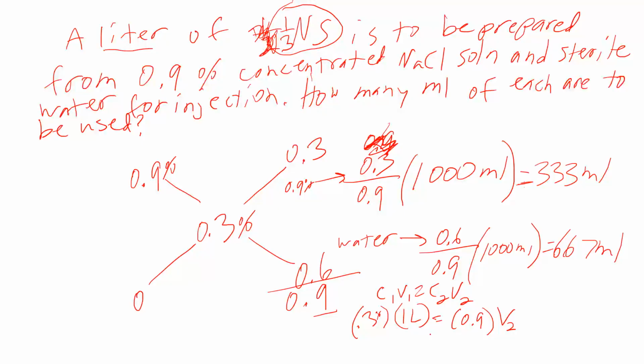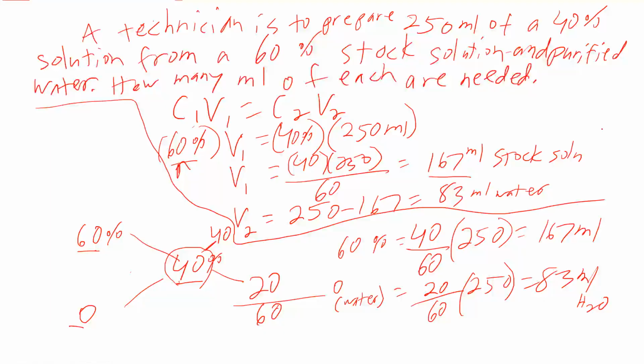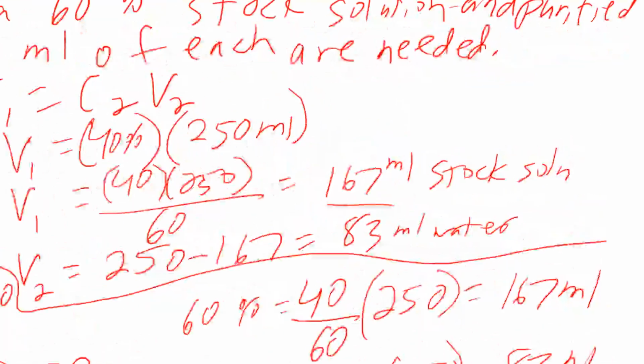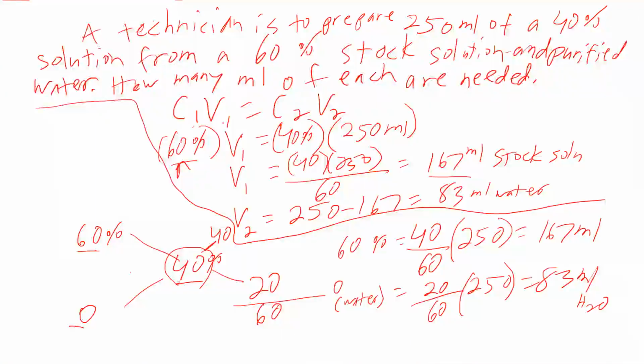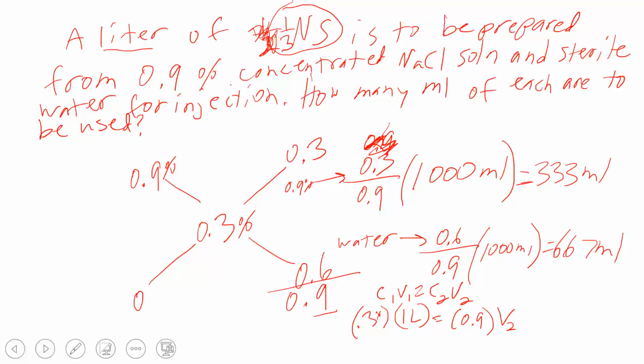It's 0.3 divided by 0.9, times 1 liter. The concentration of the stock is 0.9.